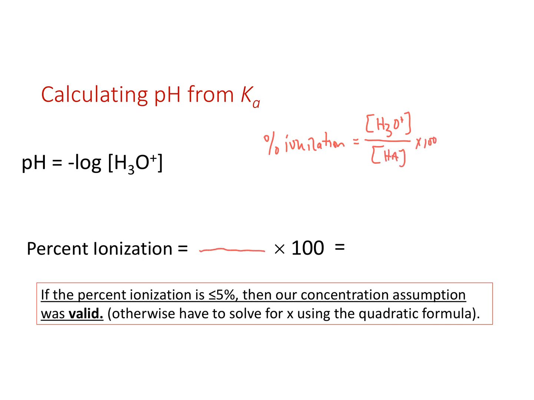So the concentration of hydronium that I determined in the previous step, 2.32 times 10 to the minus 3, all over my initial concentration of the acid, which was 0.3, multiplied by 100, and approximately 0.77% of that acid is ionized.